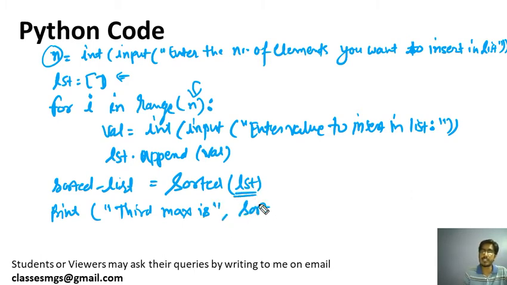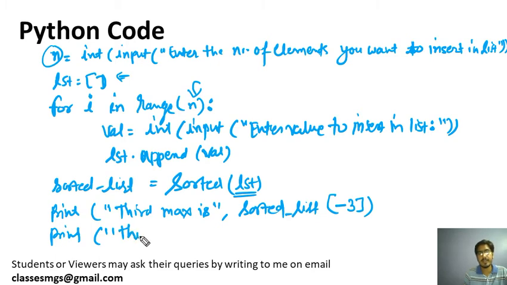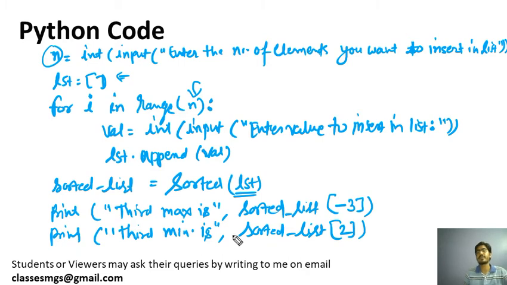Remember, don't use the original list here. Sorted list you need to use. Sorted_list[-3] will be the third maximum, and the third smallest number will be what? Third minimum is sorted_list variable and then the second index element.